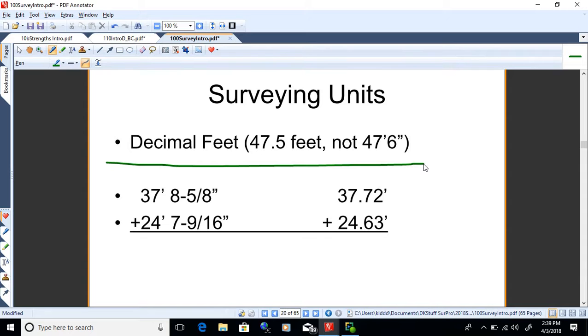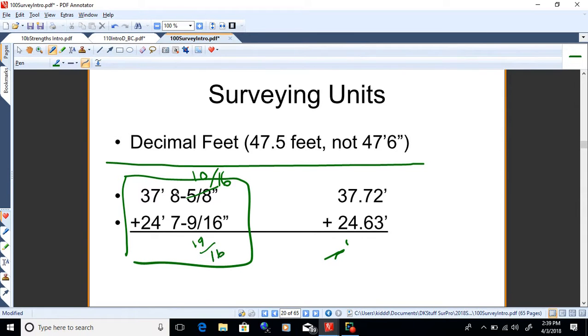So, here's the reason. If I got these two measurements and I want to add them up, what the heck am I going to do here? I guess I take that 5/8 and I turn it into 10/16. And then I'd add 10 and 9 and get 19/16. I'd add 8 and 7 and get 15 inches.